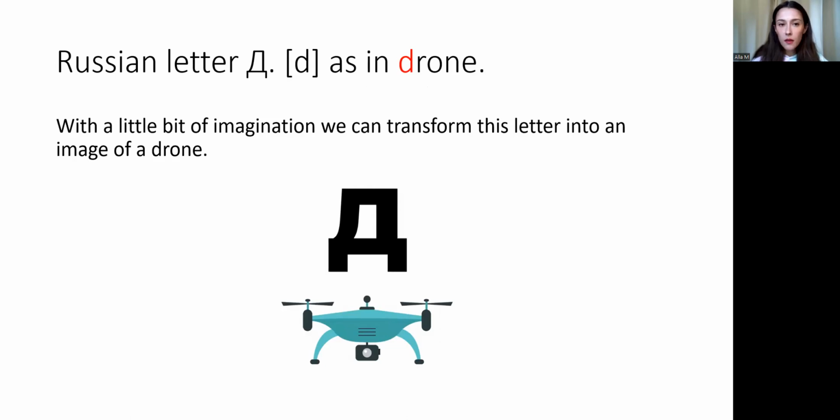I think it's a good mnemonic. D as in drone. Well, when we say drone, it's not the exact same sound, but it's very close to the Russian D. The Russian D is a bit harder, right? So let's try and pronounce it together. D, D, D as in drone. Good.